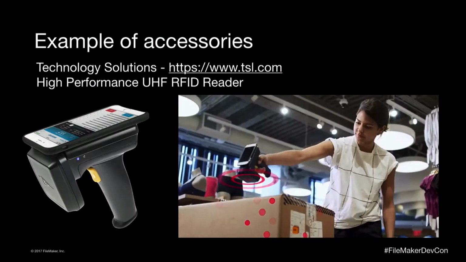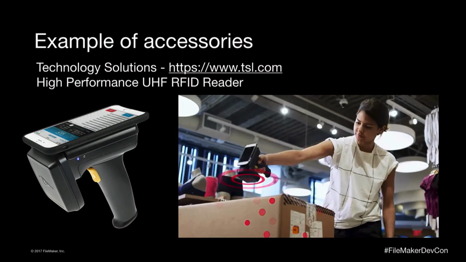This accessory is very interesting. It's from the company TSL from Great Britain. It's a sensor. You need to place an iPhone or iPad mini on top of it. And like you see in the picture, just imagine that you have a box with many items inside, with some goods.